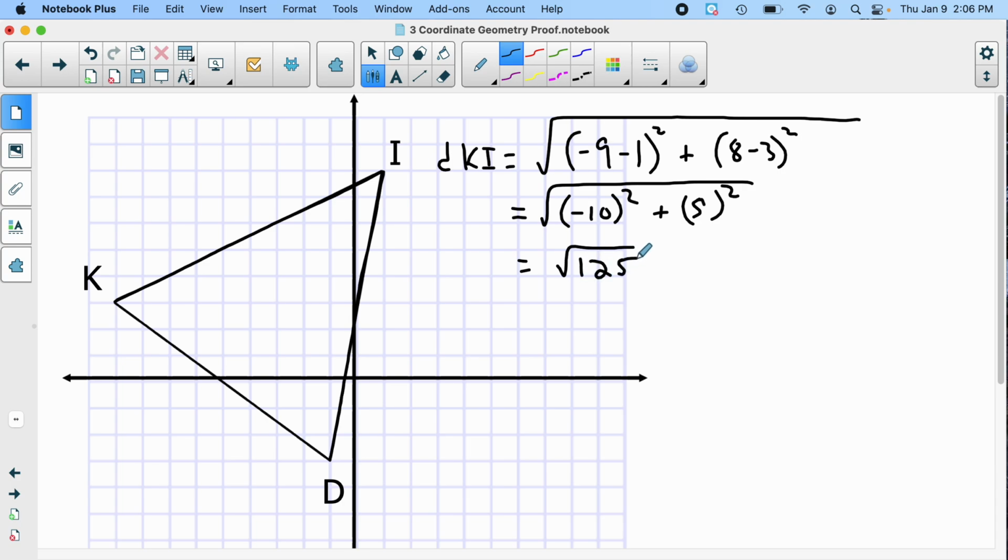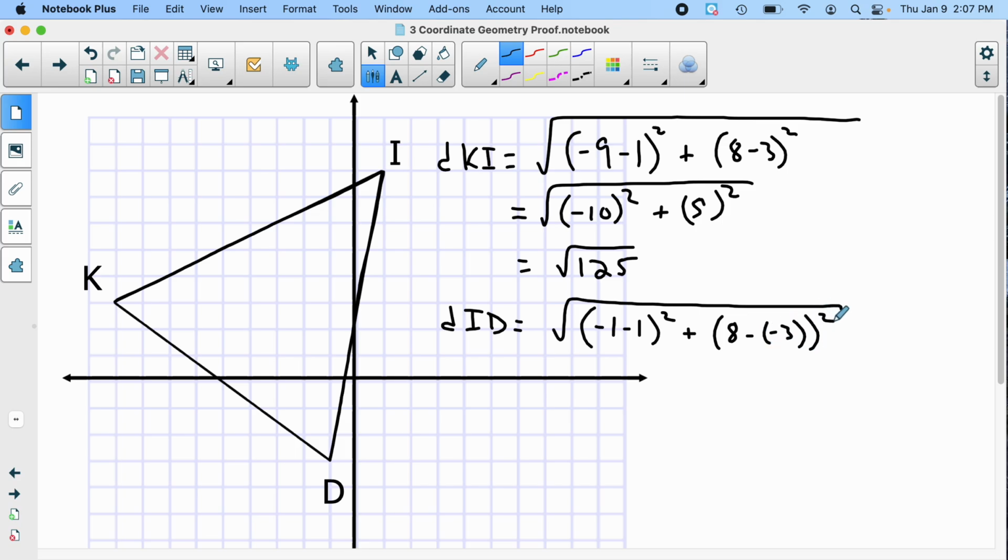Okay. And let's now take the distance of side ID. Get another distance formula. Here we go from I to D. Maybe we'll do -1 minus 1 and square that, and then we'll do, say, 8 subtract -3 and square that.